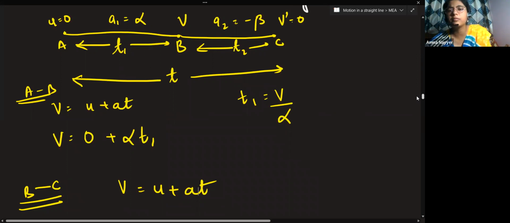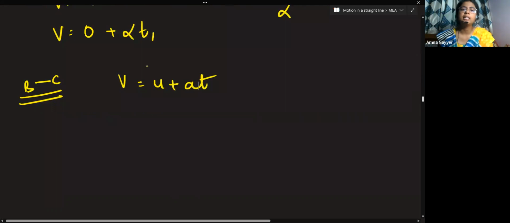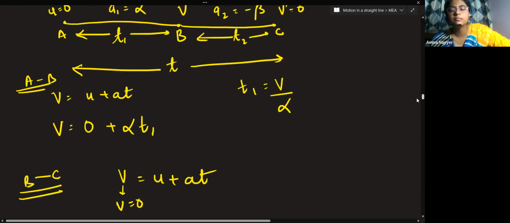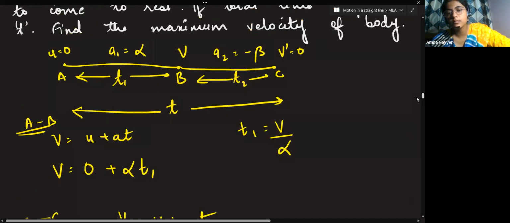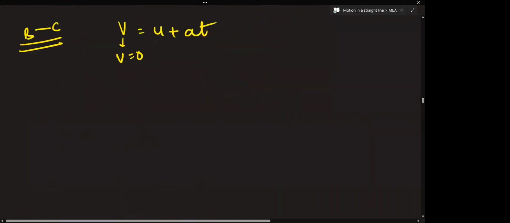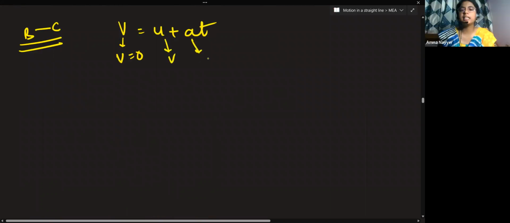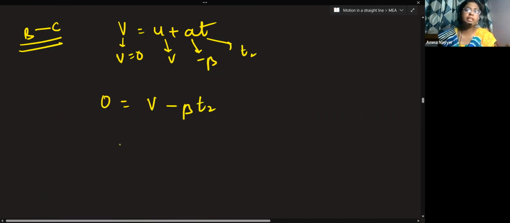Can you tell what will be U for B to C? This will be V, capital V. Acceleration is minus beta, time is T2. So this becomes 0 is equal to V minus beta T2, and from here T2 will be V divided by beta.